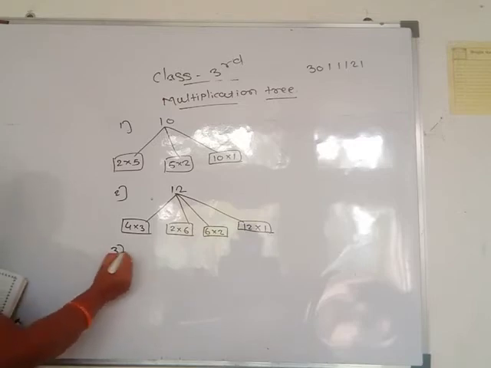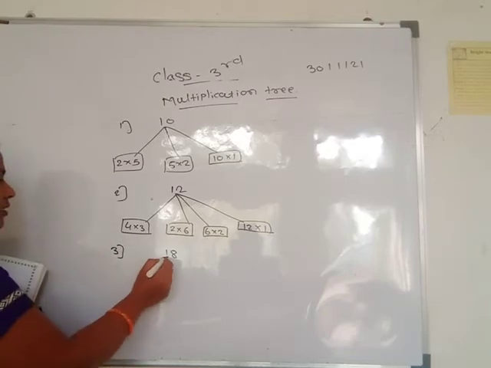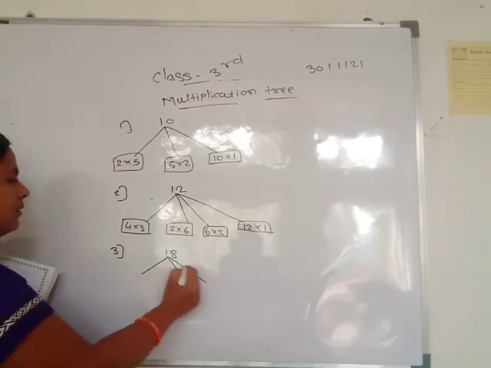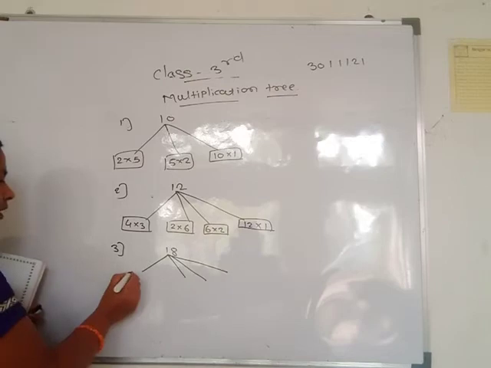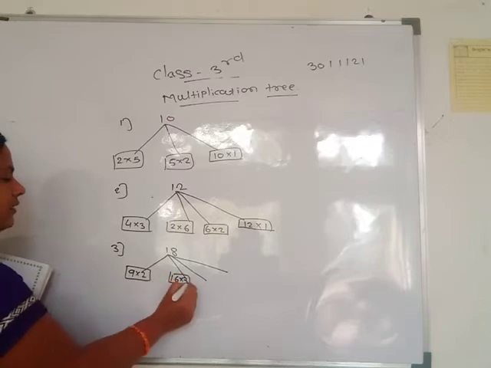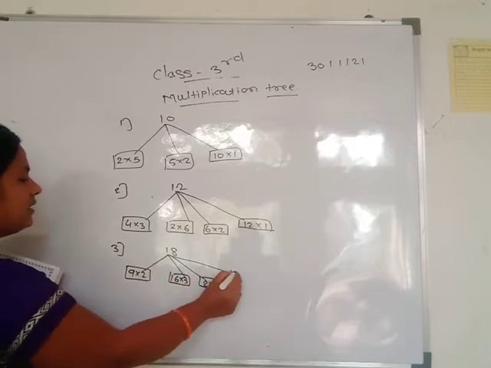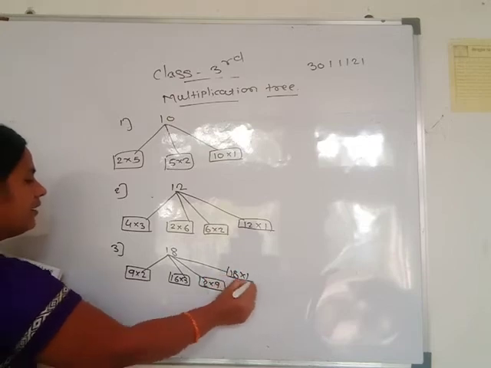Then the third one, 18: 9 twos are 18, 6 threes are 18, 2 nines are 18 and last one 18 ones are 18.